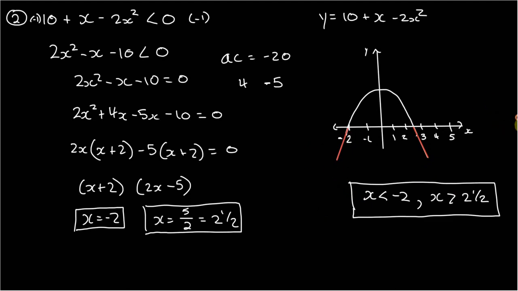So to work on one more example, say we have x squared minus 9 is less than 0. It's a little bit different to look at, I suppose.